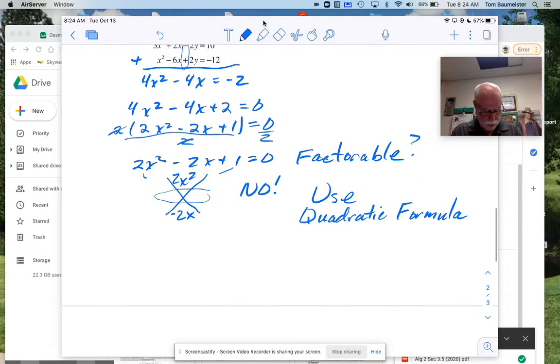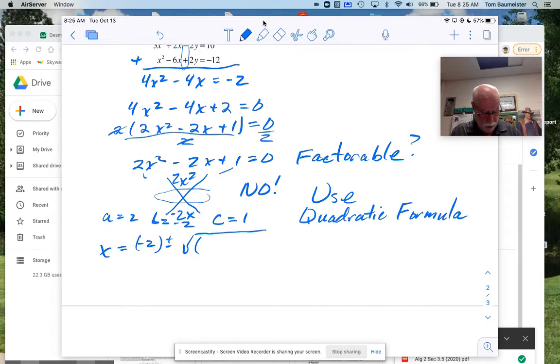Remember, that is x is equal to negative b, right? Because our a is equal to 2, our b is equal to negative 2, and our c is equal to 1. So I'm just using the formula.